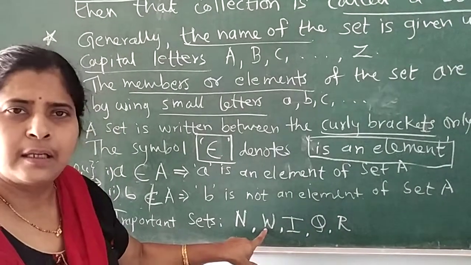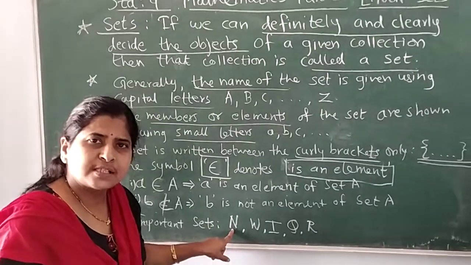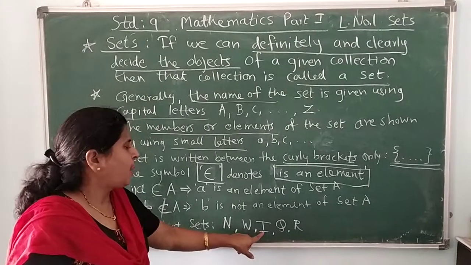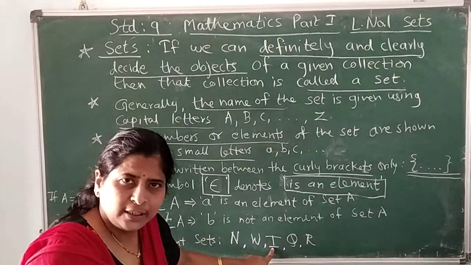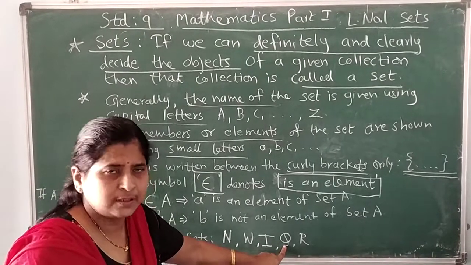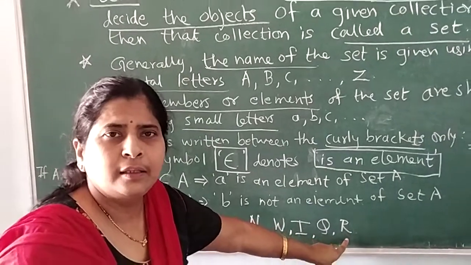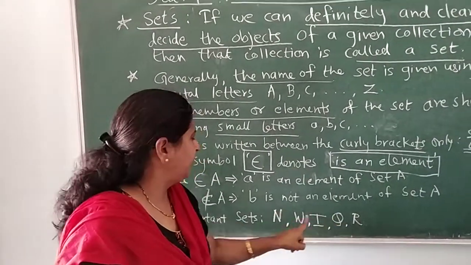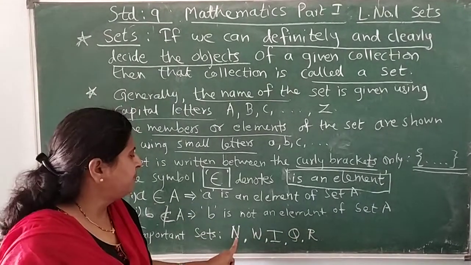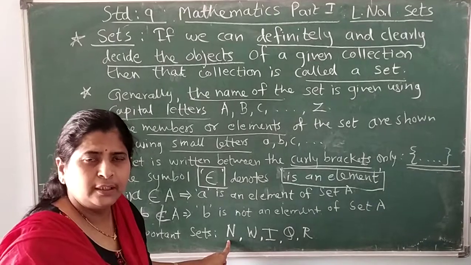So set W includes all the elements of the natural set, plus 0 as an extra element. Now I is the set of all integers, Q is the set of all rational numbers and R is the set of all real numbers. So whenever we see these letters, we have to understand their meaning in this way only. Thank you.